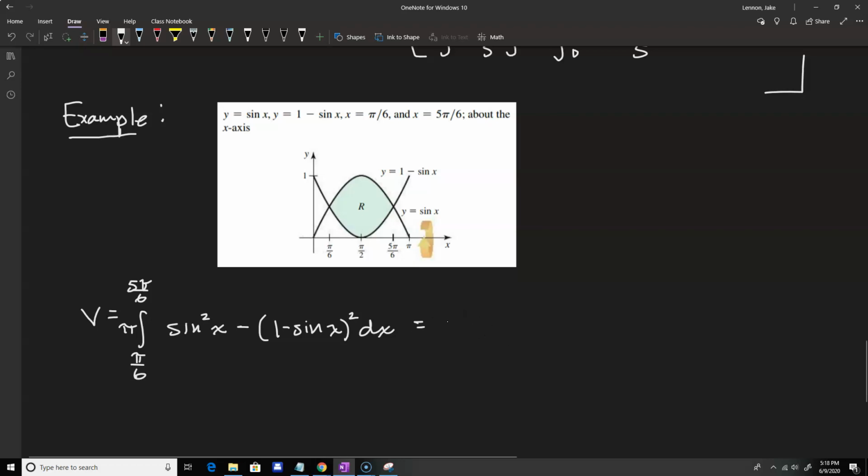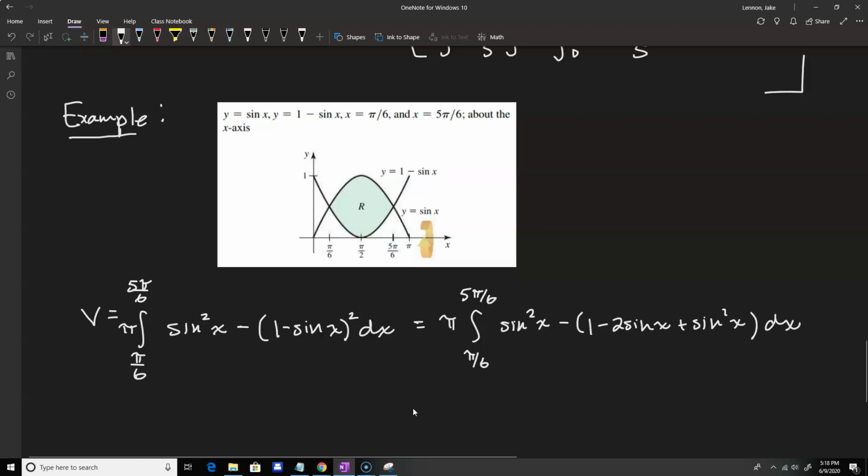So what are we getting here? We're getting pi times the integral from pi over 6 to 5 pi over 6. And we have sine squared x minus 1 minus 2 sine of x plus sine squared of x.